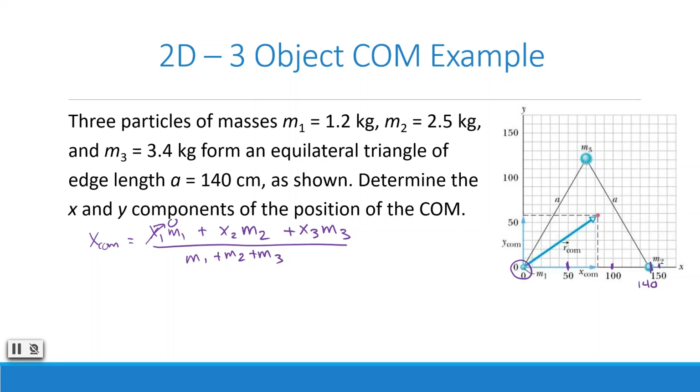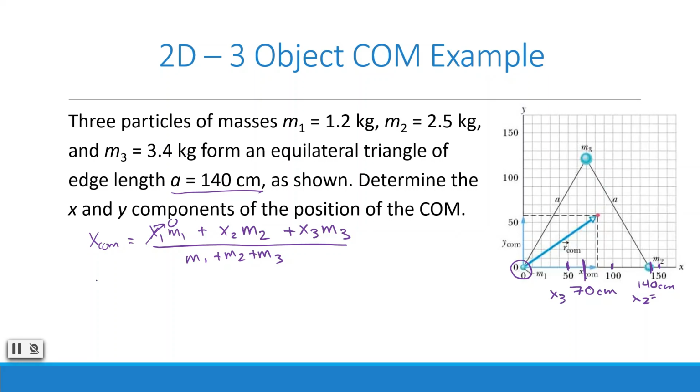And then m3 is coming in right here. So it looks like x2 is 140, and x3 is going to be, oh, it'll be at the middle. Oh, it actually tells us that the sides are 140 long. So that's going to be at the middle there, at 70. So 140 centimeters for x2, 70 centimeters for x3.